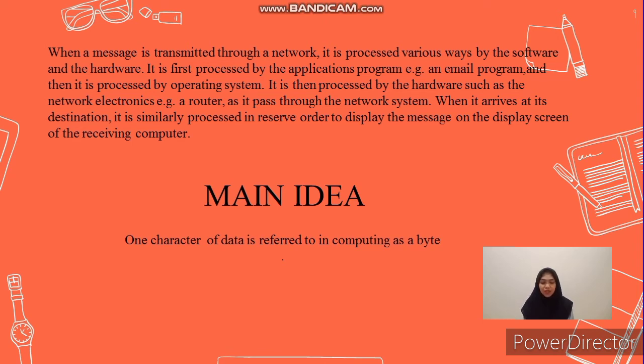It is first processed by the application program, e.g. an email program, and then it is processed by the operating system. It is then processed by the hardware such as the network electronics, e.g. a router, as it passes through the network system.